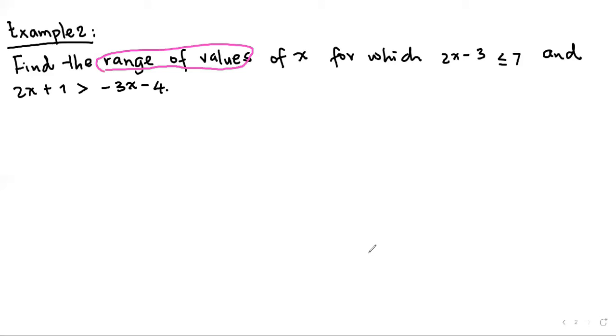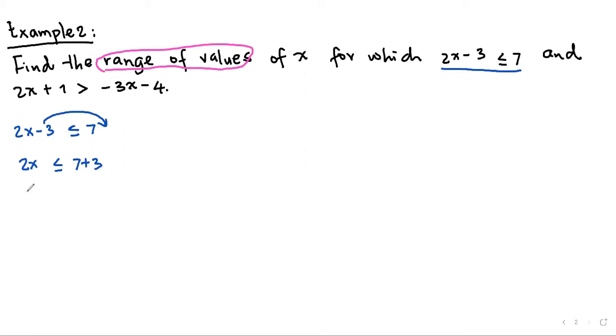Okay, like we have seen already, our step 1 will be solving these two inequalities separately. So we start with this one. Let us have 2x minus 3 is less than or equal to 7. Now this minus 3 will go this side. So we have 2x is less than or equal to 7 plus 3.